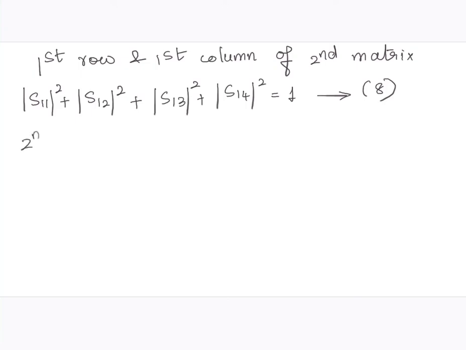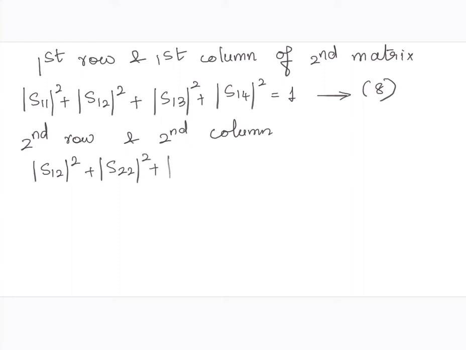Now consider the second row of the first matrix and the second column. So this can be written as S12 square plus S22 square plus S13 square plus S14 square is equal to 1.